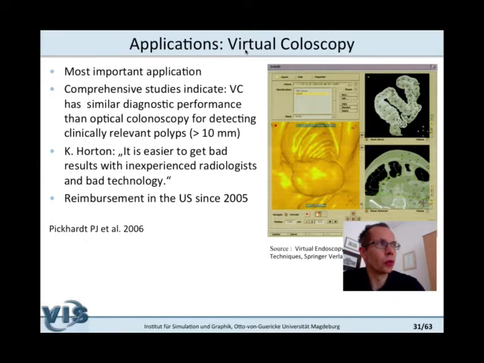So therefore, not only simple surface and volume rendering techniques are applied, but also illumination effects, including ambient occlusion and shadow projection are important. We discussed already the general limitations. Of course, in virtual endoscopy, we have no true colors that we could observe with a real camera inside the human body. We also cannot have tactile sensations.